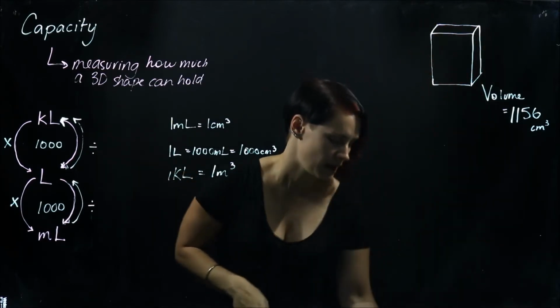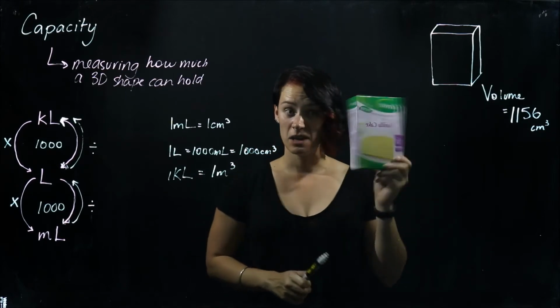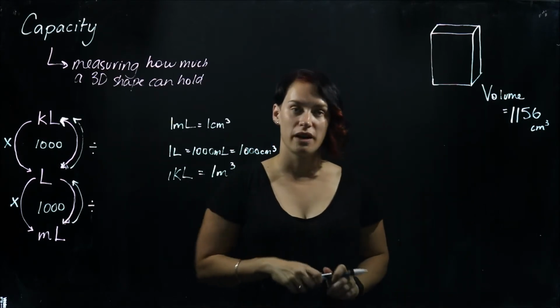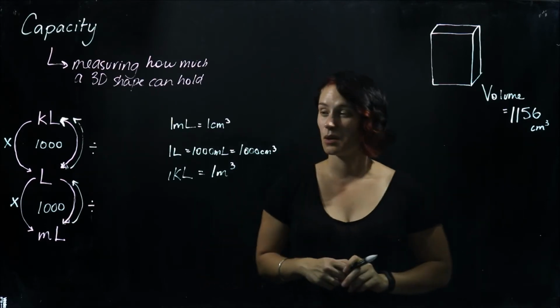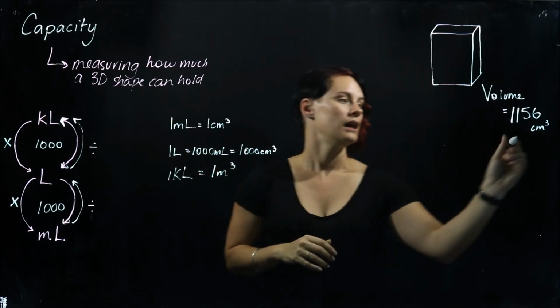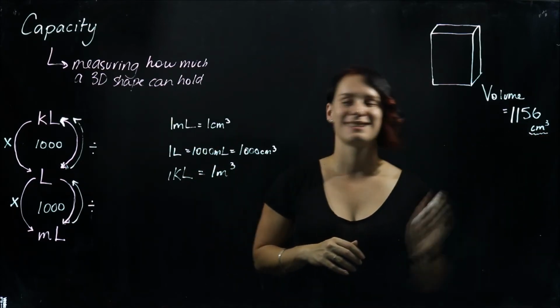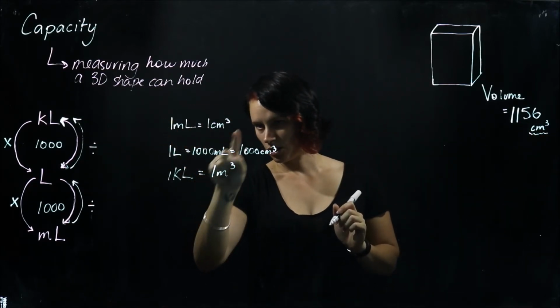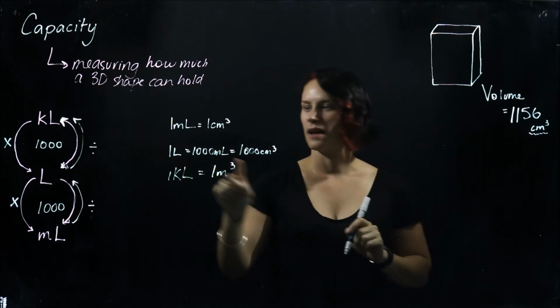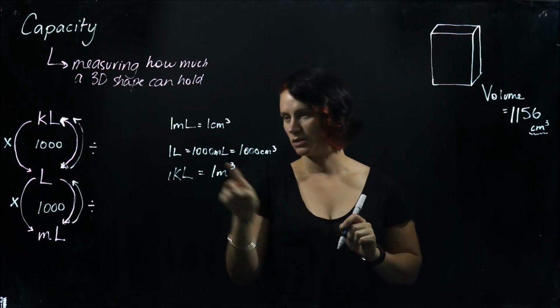So if we've got a shape here, and I've actually measured my cake mix box, I've measured that its volume is 1,156 cubic centimetres. So in capacity, we need to be able to translate between one and the other. If I've measured this in cubic centimetres, then here's my cubic centimetres. That's 1, but we've actually got over 1,000. So we could go to our next one, which would be a litre.